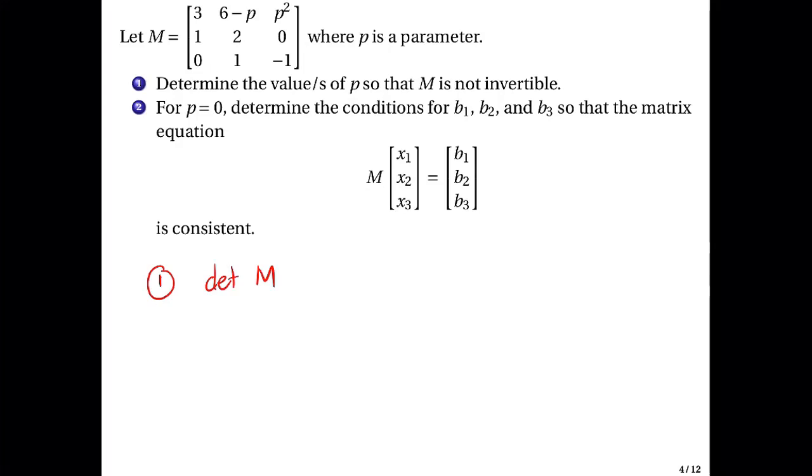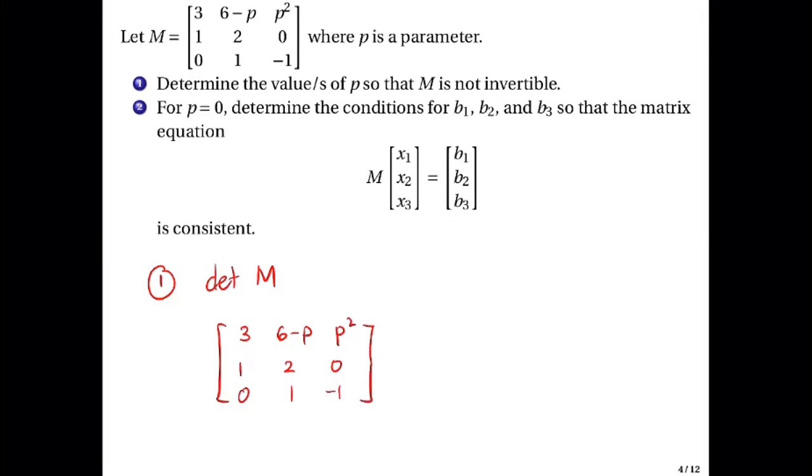Okay, so we have 2 or 3 or several methods to find the determinant, but we'll use the shortest way. We have here 3, 6 minus P, P squared, then 1, 2, 0, then 0, 1, negative 1.